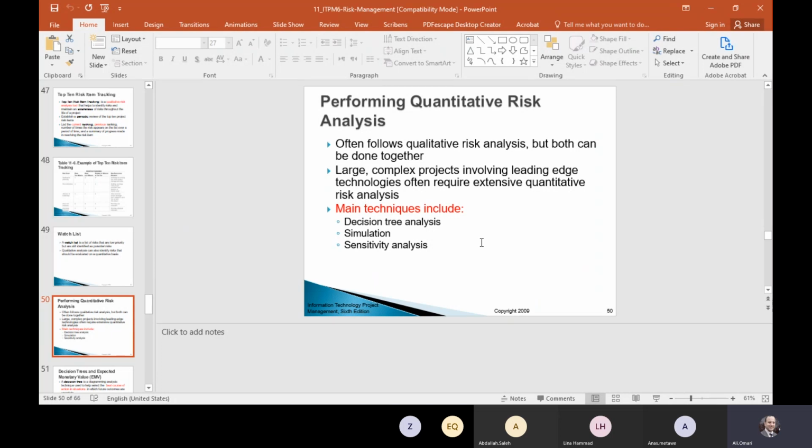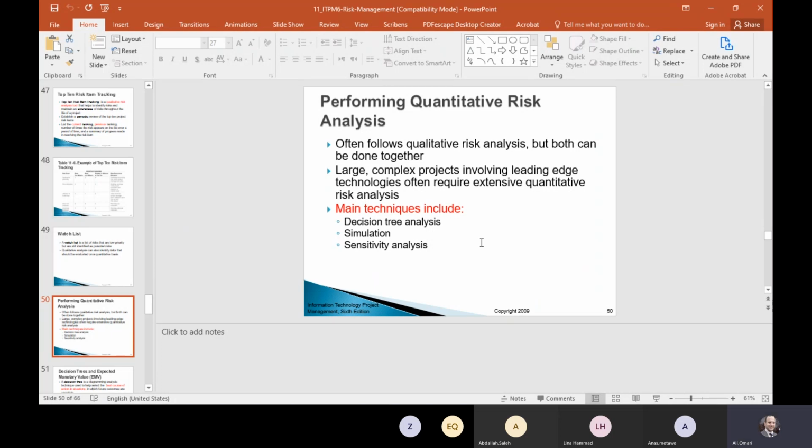There is no need. You can do qualitative and it will be good enough for smaller and medium projects, but for larger projects, you can involve different technology to do extensive quantitative risk analysis.